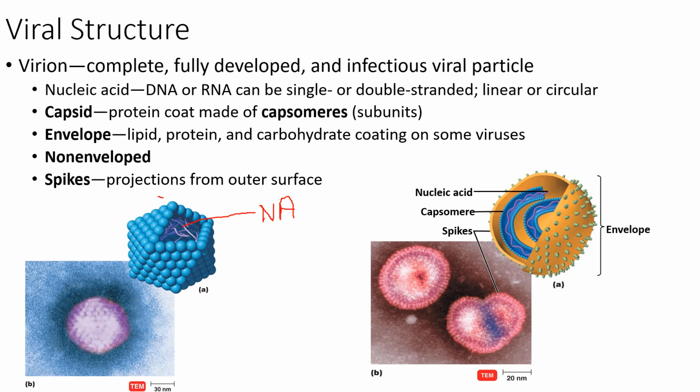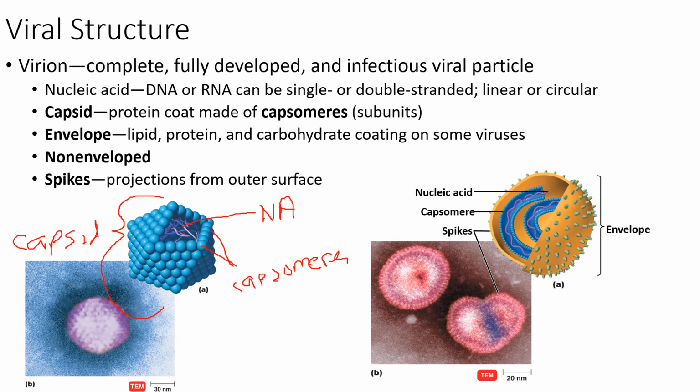And then this entire blue structure as a whole, that's the capsid, okay? That's the protein coat. But if you look, each of these little individual circles, I'm just going to highlight a couple of them, those are the capsomeres, okay? So the capsomeres make up the capsid.